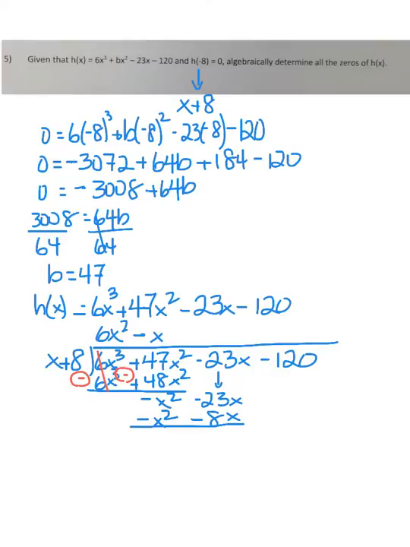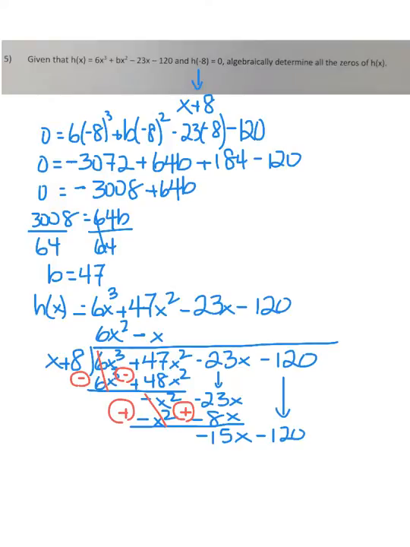All right, and let's do this again. So we're going to change and circle, and our first terms cancel out. Okay, so we're going to add negative 23x and a positive 8x, and that will be negative 15x. And let's bring down that last term.